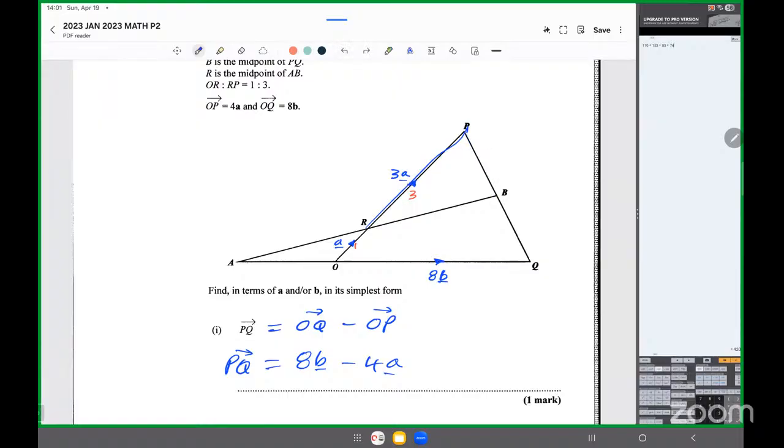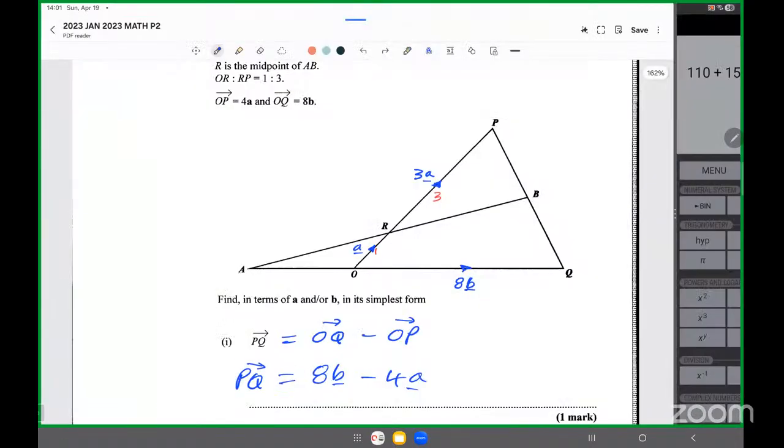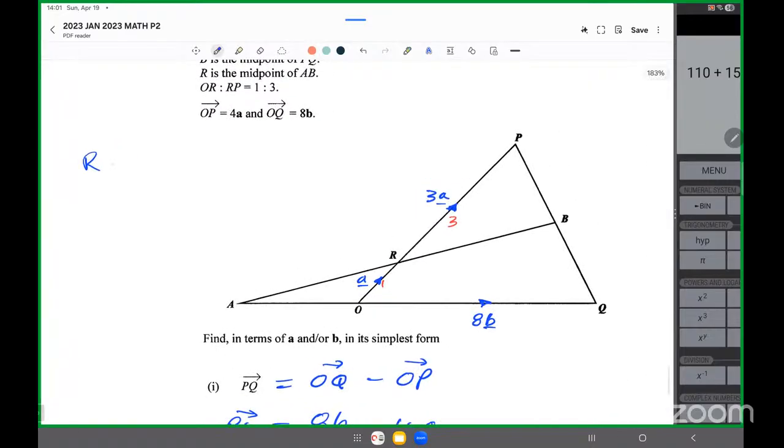Let's work it out up here on the screen, and then we'll copy it out. So when I said to go from R to B, based on the diagram, we're going to go R to P first up here.